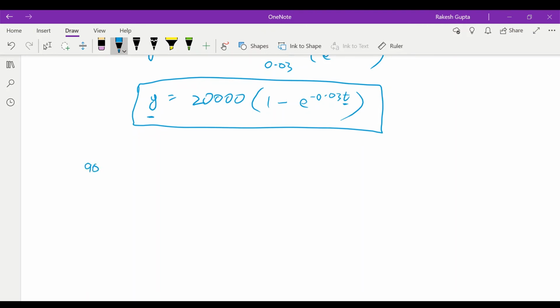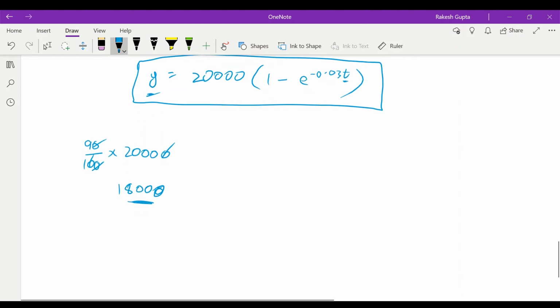So 90% of 20,000 is 18,000. So we have to find the time t for which the amount of fresh air, given by y, is 18,000. I'm just going to substitute it in the equation.